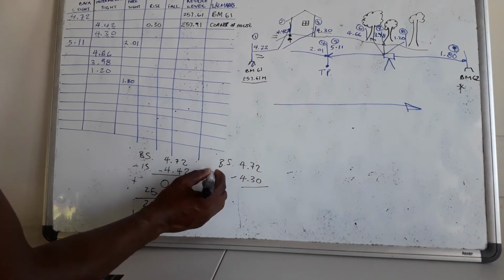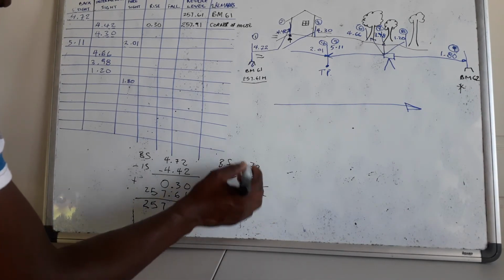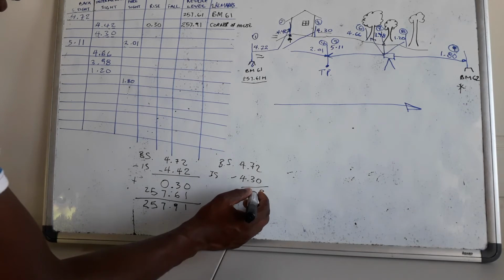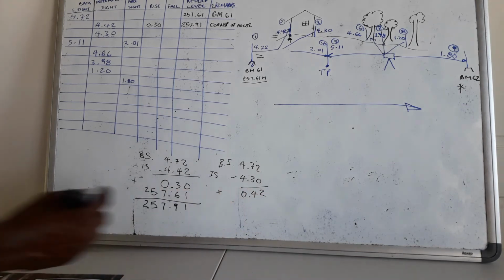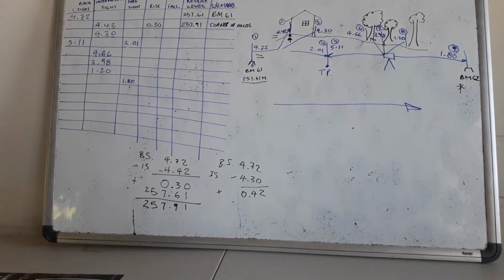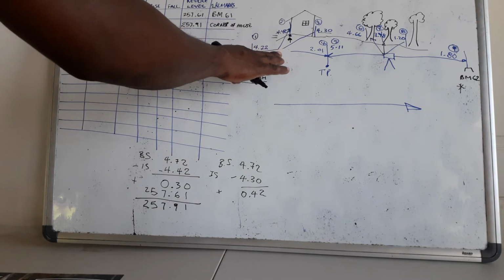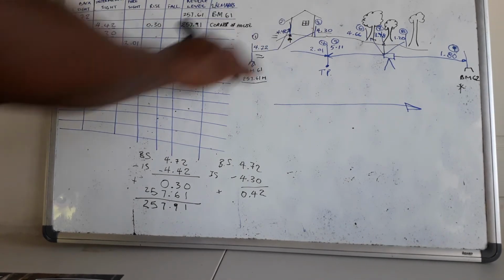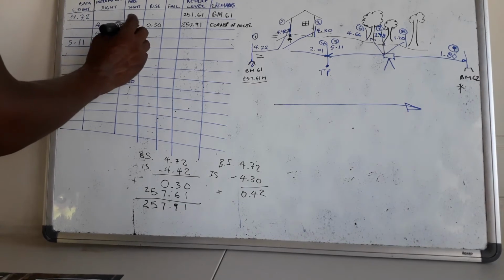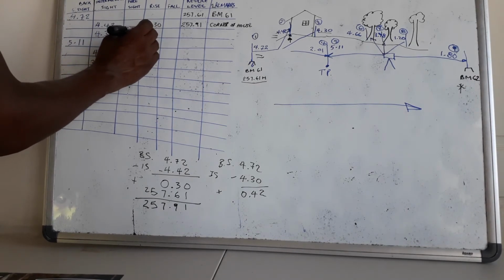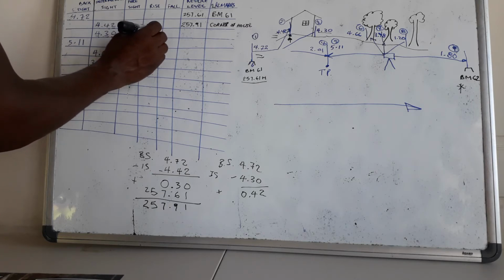So 4.72 minus 4.30 gives us 0.42. That's a positive value, so that shows us that this is a rise. And from our diagram, we can see that the house would have been on an incline. So we place that value in our rise column in line with our intermediate sight reading.